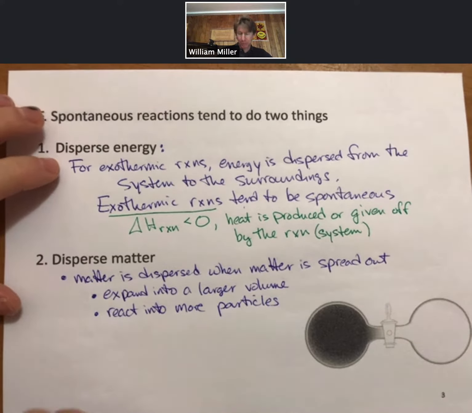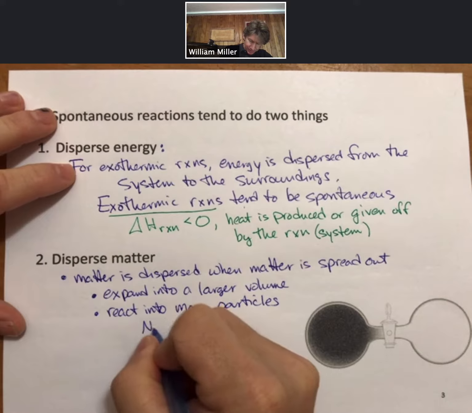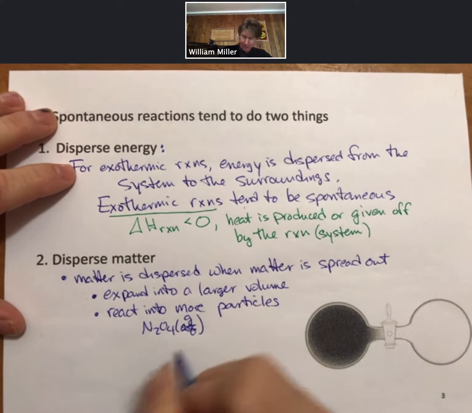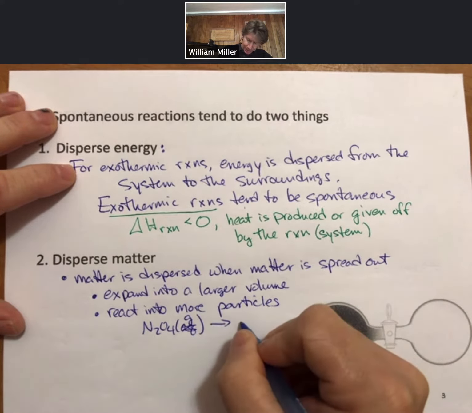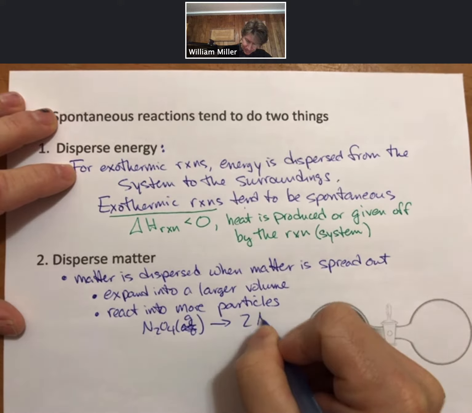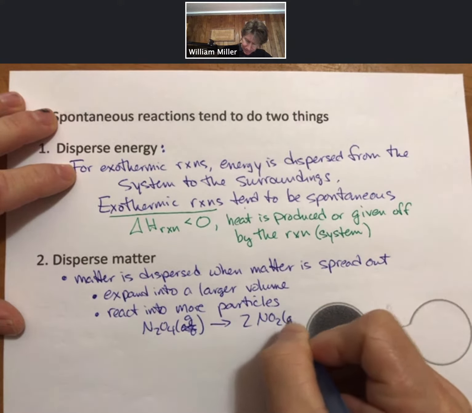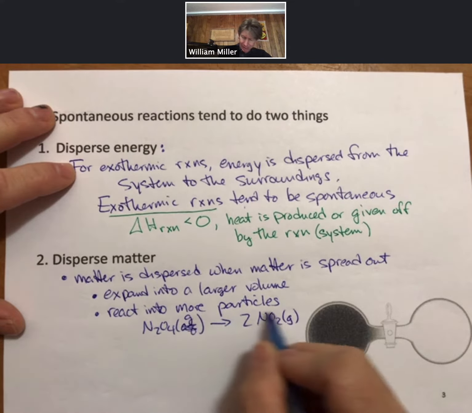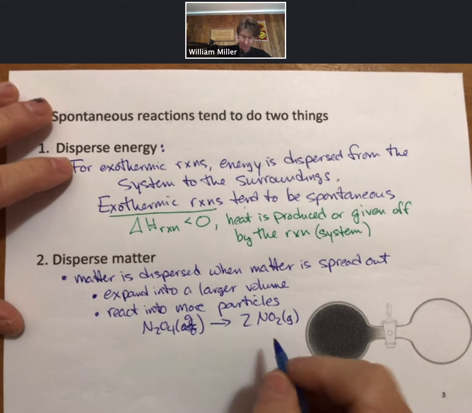For example, when it goes from something like a gas, dinitrogen tetroxide, to nitrogen dioxide, it is reacting and breaking into more particles. So that's another example.